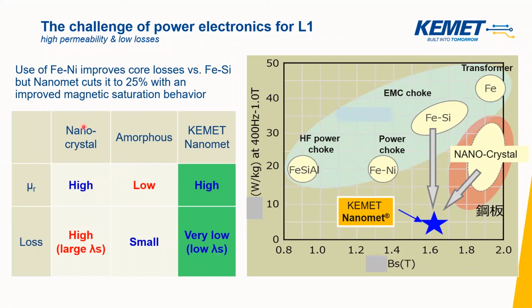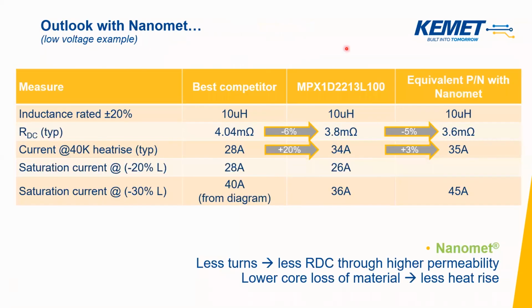Nanocrystal is, because of this specific reason, used more and more as an EMI choke, simply because of the high losses. So if you have high current going through nanocrystal, then you're expecting high losses. And also the saturation is not as high as for nanomet. So this is the main reason why we use nanomet more and more as a power inductor.